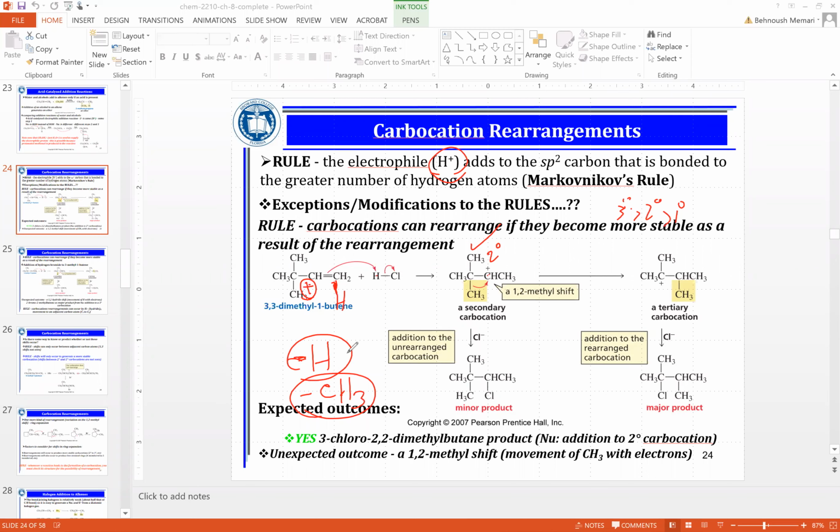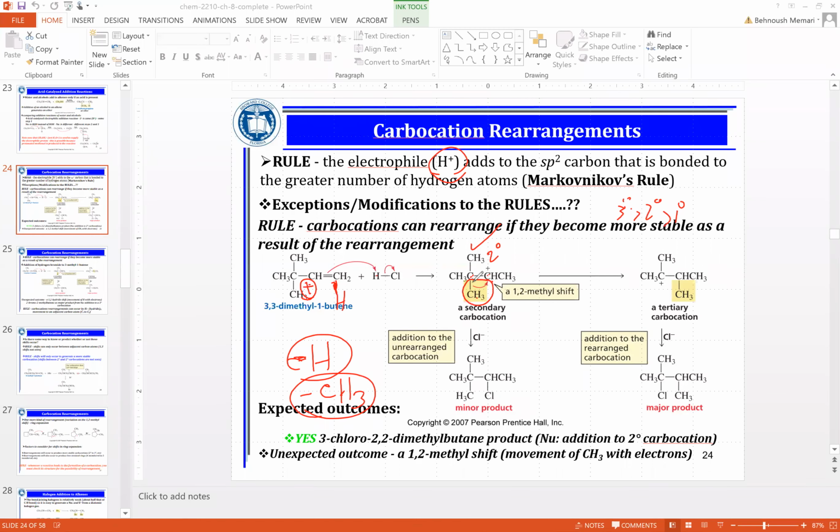As a result, a hydride is easier, but there is no hydrogen on this adjacent carbon. You do have, however, a couple of methyl groups. If you take the methyl from carbon 3 in this case, and move it to carbon 2, you are taking the electrons with the methyl group.